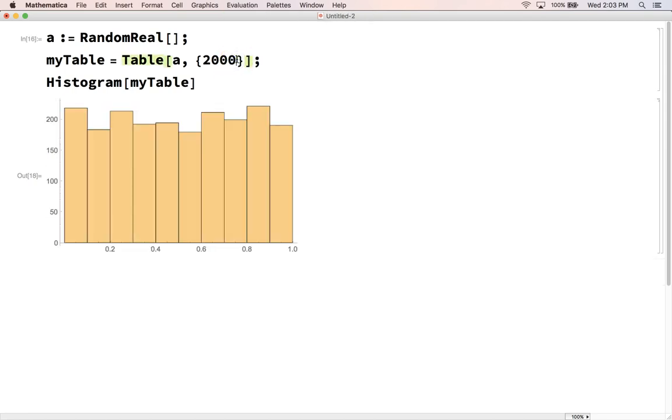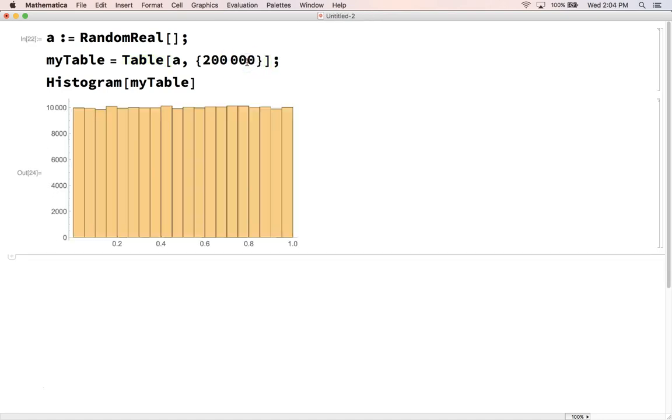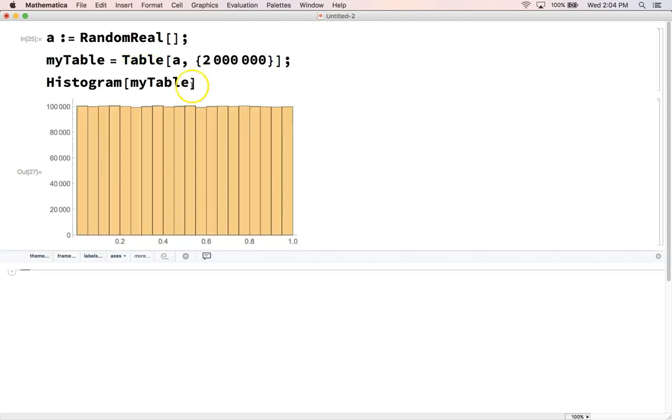There's 2,000. What about 20,000? What about 200,000? What about 2 million? What I'm trying to demonstrate here is that these random real numbers from 0 to 1 are chosen to be distributed uniformly from 0 to 1. So any value in 0 to 1 is just as likely as any other value from 0 to 1.